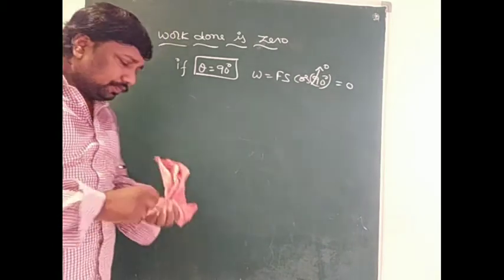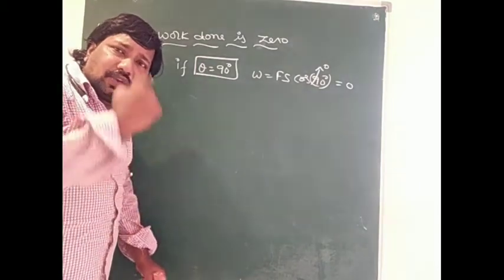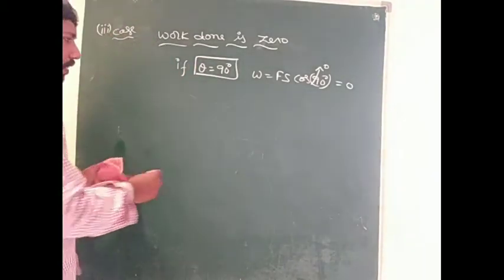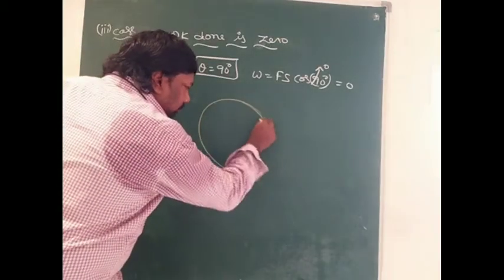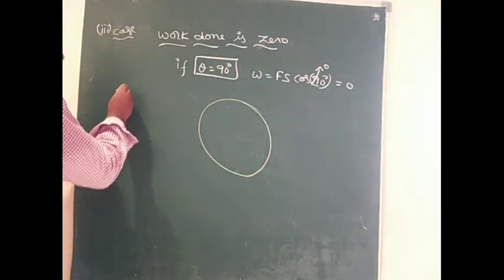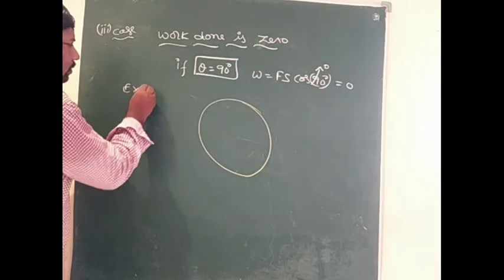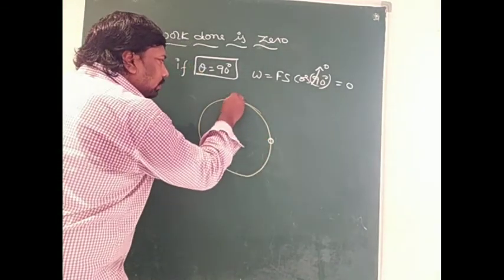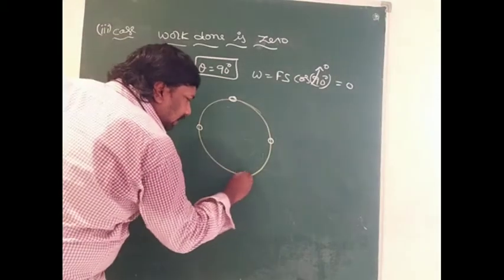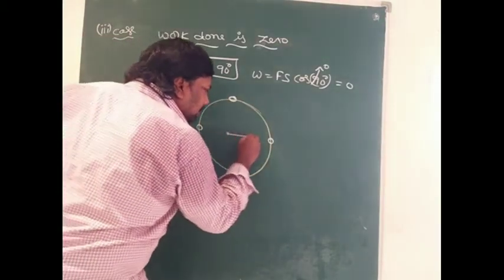We can explain one example. A particle is revolving in a circular motion of radius r.